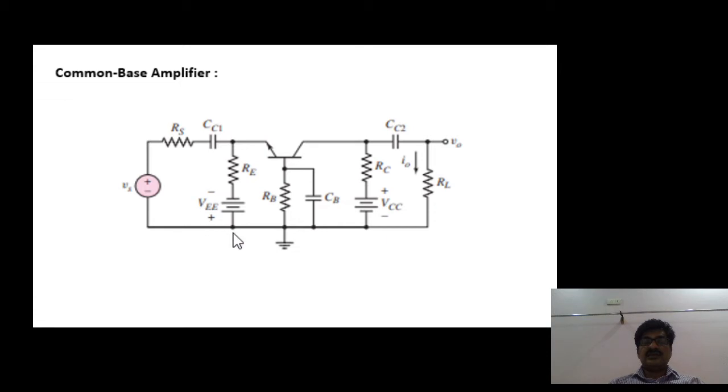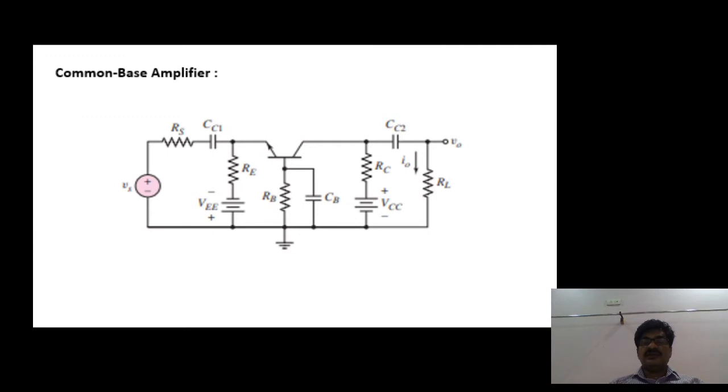Here the DC sources VEE and VCC provide the proper biasing. Proper biasing means placing the transistor in the active region. Amplification is obtained if the transistor is operating in the active region, right?